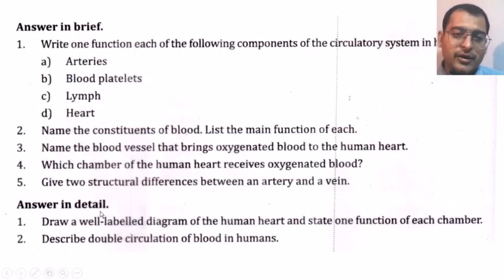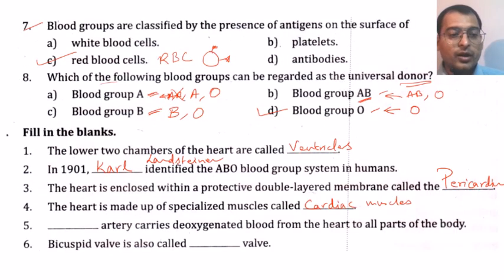Question number 5. Artery carries deoxygenated blood from the heart to all parts of the body. Okay, so here the question should have been, not to all parts of the body.